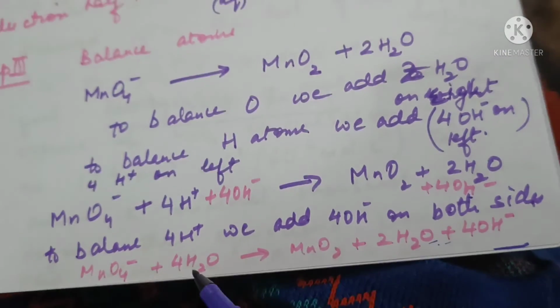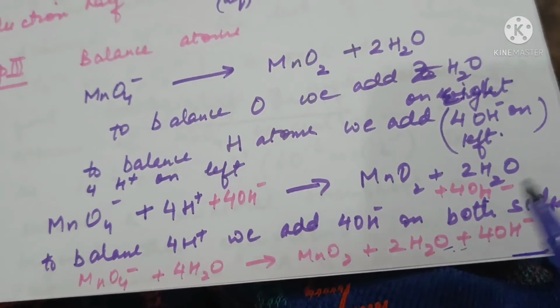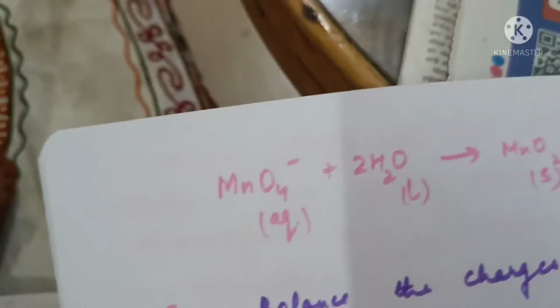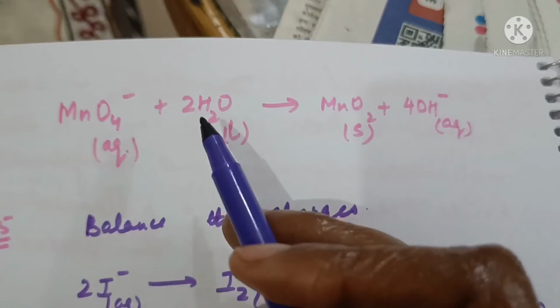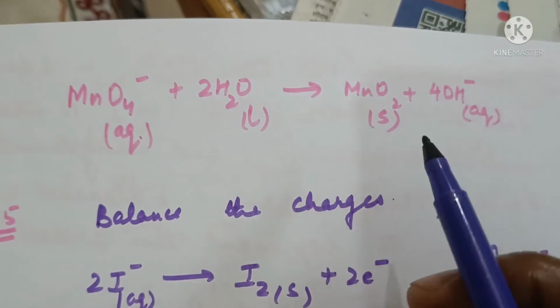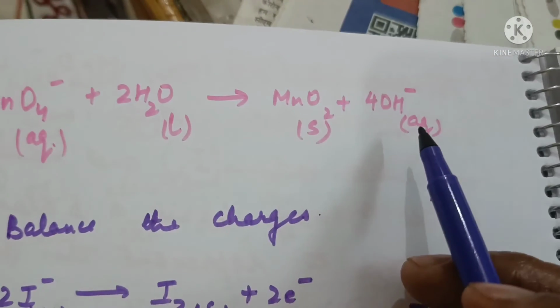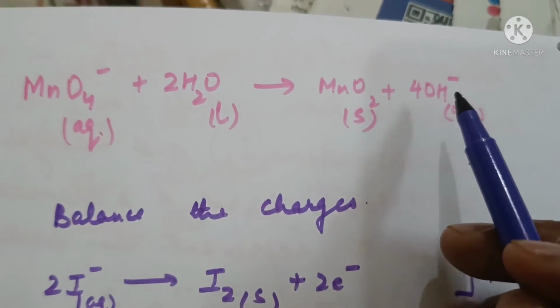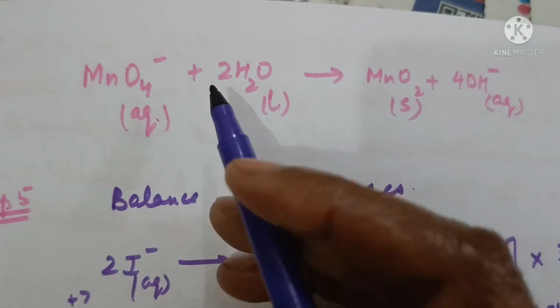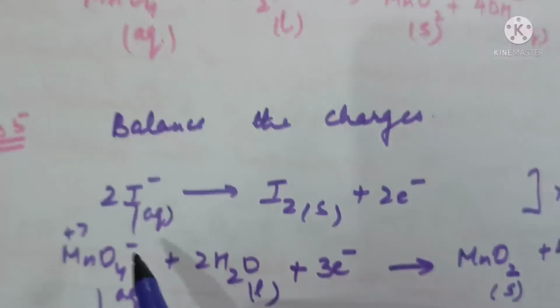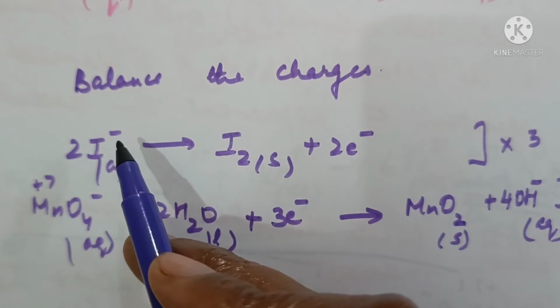Now we will balance the charges on both sides. So this is our equation, MnO4 negative plus 2 water, MnO2 plus 4 OH negative. There is 1 negative charge here. There are 4 negative charges here. To make this side 4, we add 3 electrons here. And similarly, there are 2 negative charges here.